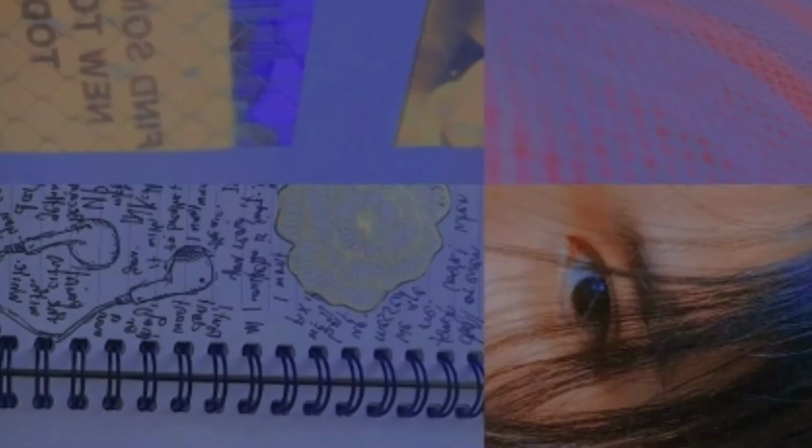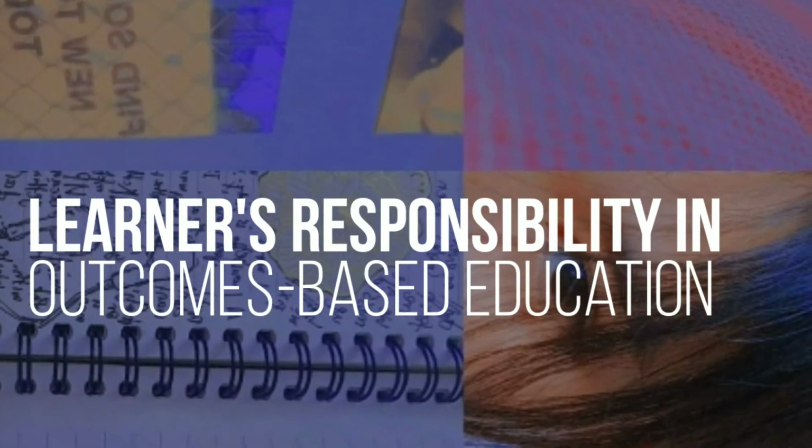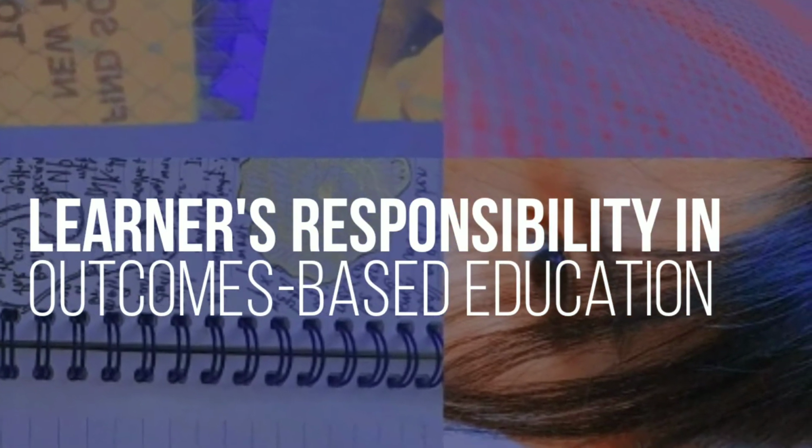I think it's time for us to consider the role of learners in outcomes-based education. One of the great benefits of OBE is that it makes students aware of what they should be learning, why they are learning it, what they should do while learning, and what they are actually learning.